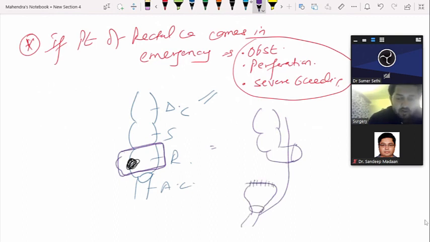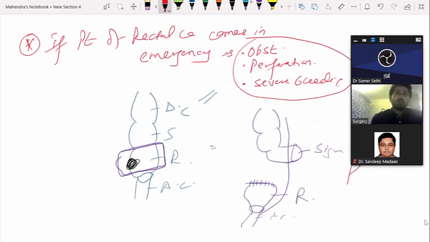Suppose this is the remaining part of the rectum, this is the part of the sigmoid which you have taken out as the stoma, this is the anal canal. So you have simply removed the part causing the main problem like obstruction, bleeding or perforation, and instead of doing any anastomosis, you bring it out as a stoma. Here you don't follow the principle of total mesorectal excision or the oncological principles. You simply take out the thing which is causing the immediate problem.